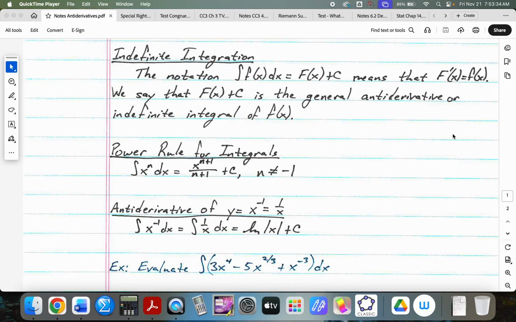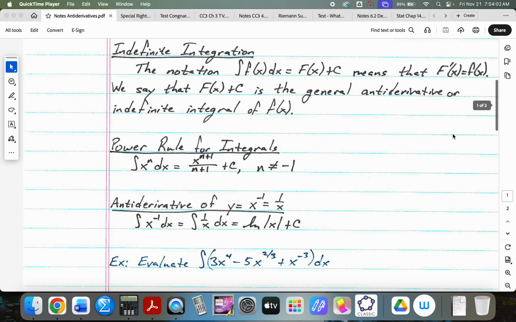Here, we're finding what is an antiderivative of the original. So if you've got the integral of f of x dx is equal to capital F of x plus c, it means that capital F prime of x is equal to f of x. And we call capital F of x plus c the general antiderivative or the indefinite integral of f of x.